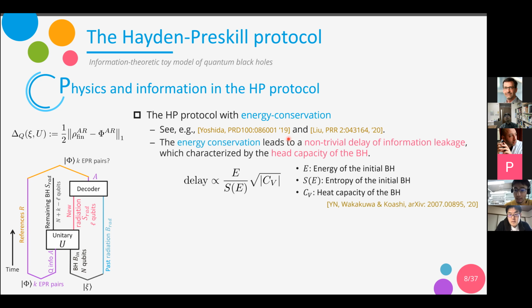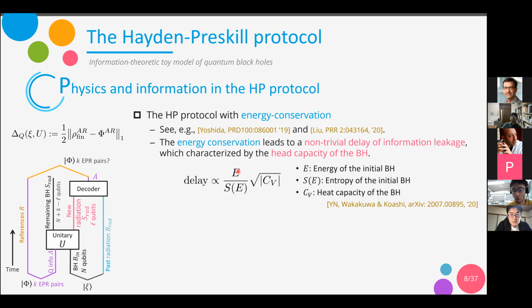And I was also interested in this kind of argument. And at the end of the day, I wrote one paper and it states that if there is energy conservation, then it results in a non-trivial delay of information leakage, meaning that to recover quantum information, we have to collect more radiation. And that is what we mean by delay of information leakage. And actually, this delay can be characterized by the heat capacity of the black hole. So this is the delay of the information leakage, and it's proportional to this quantity.